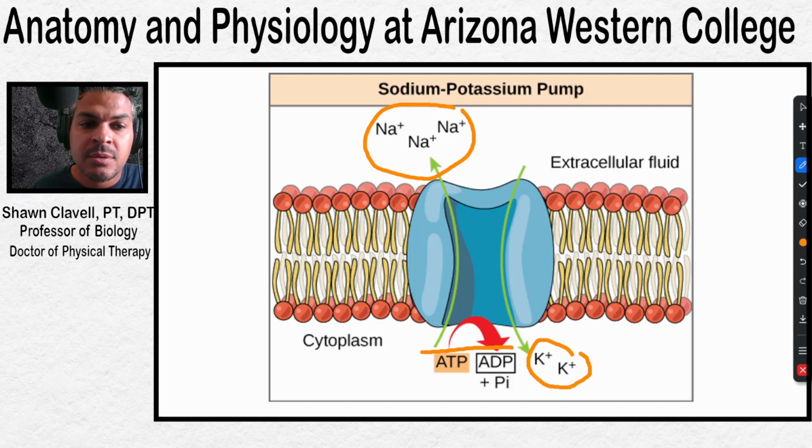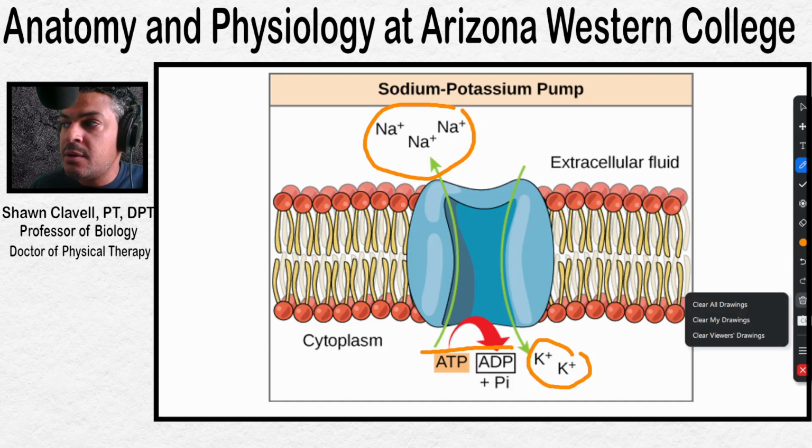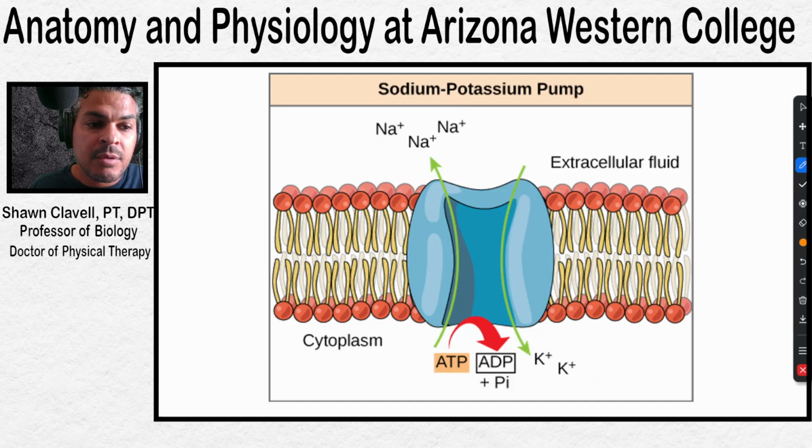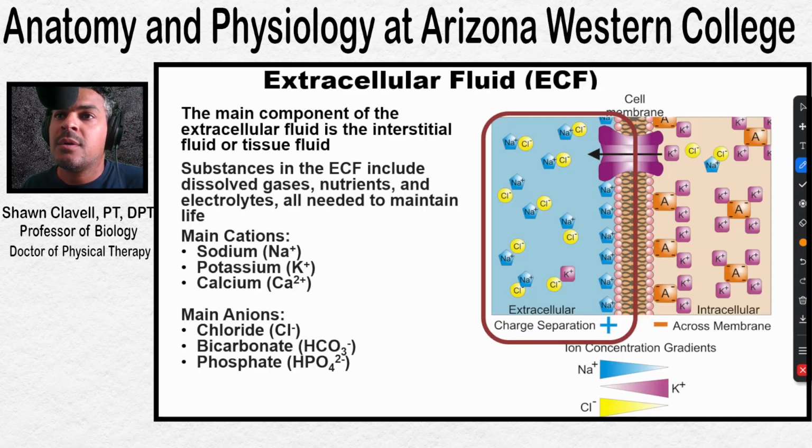But ultimately, there are a few other ions responsible for changing that concentration gradient, calcium being one of the cations. Chloride is an anion that we'd see in the extracellular space in high concentration.